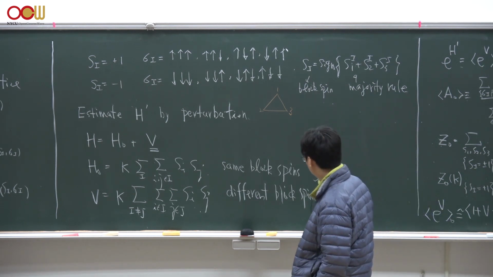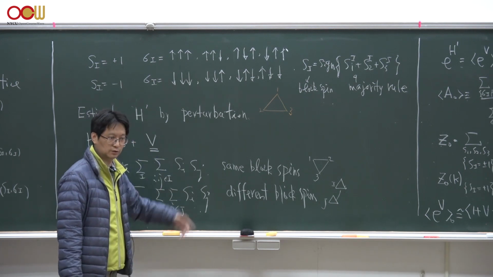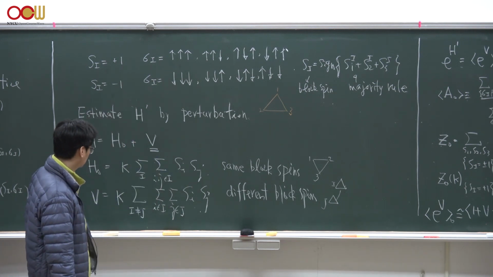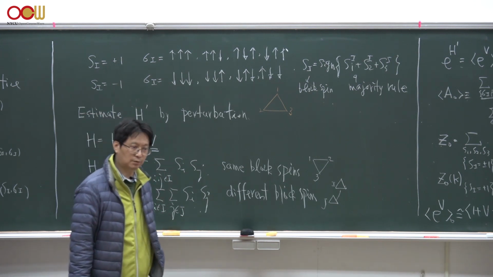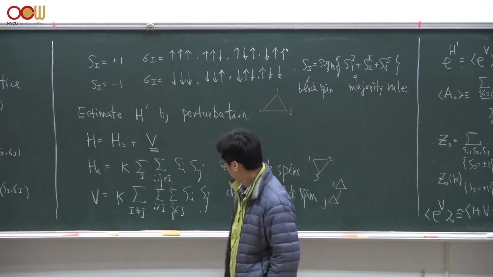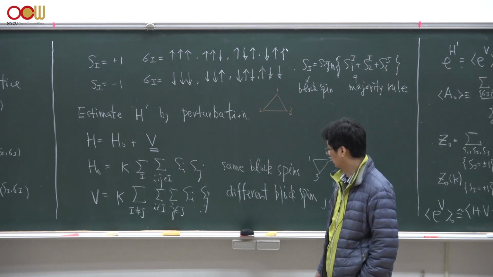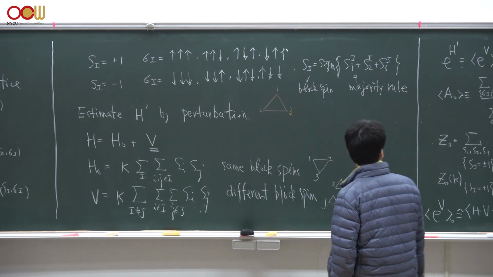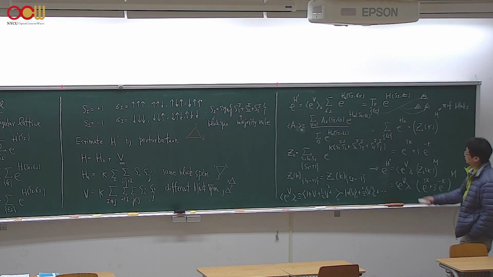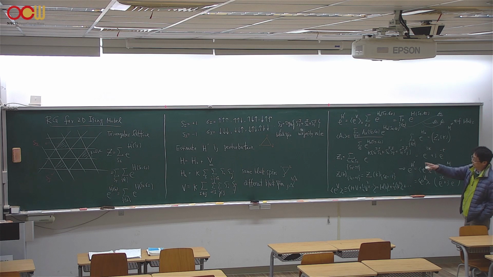And of course, there will be higher order terms, but we don't consider these higher order terms here. Of course, you can imagine that there are second neighbor block-block interactions, which we don't consider here. And here, this is just nearest neighbor interactions as the leading contributions. So we could find out what this effective Hamiltonian H prime is when we partially trace over the block spins.